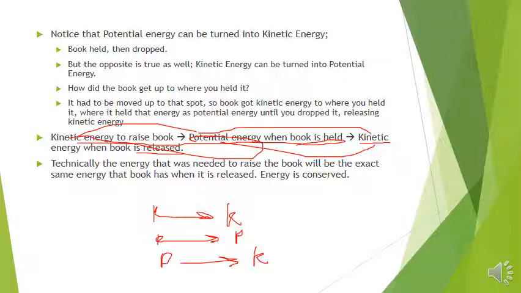But you can't have potential energy turn directly into potential energy. The only way you can do that is to first get it moving, so you'd have to go kinetic energy first and then potential energy. This won't work.